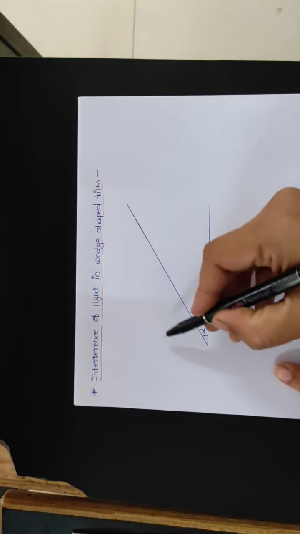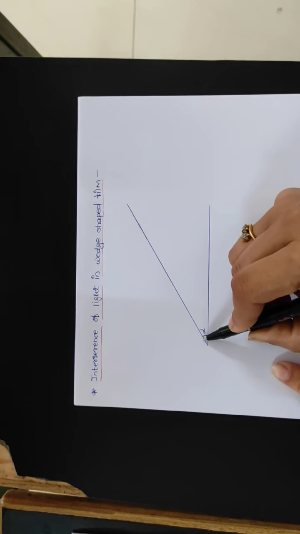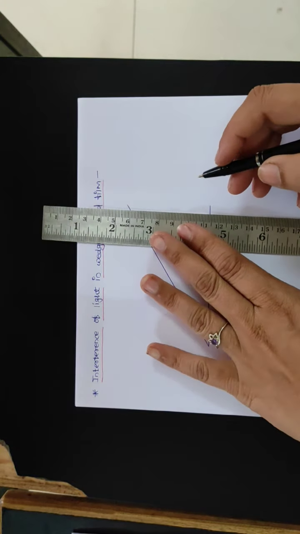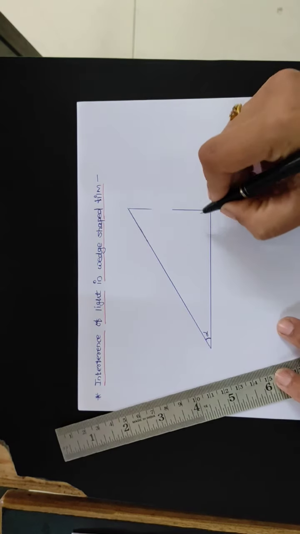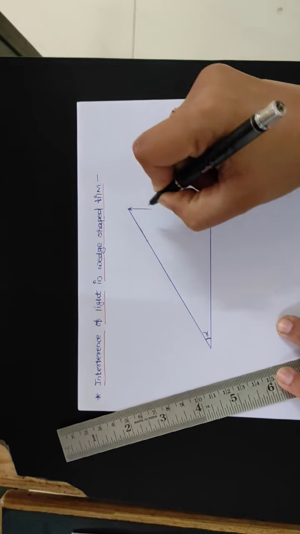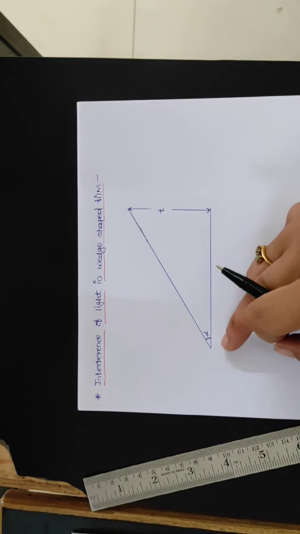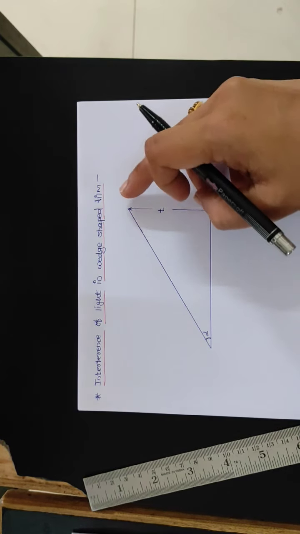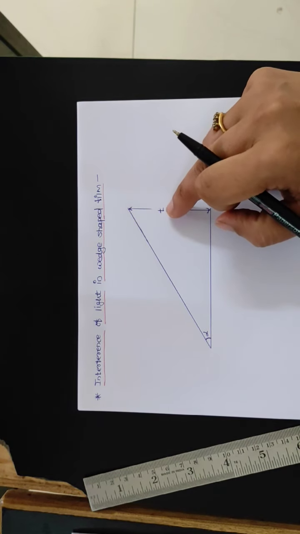If we see this figure, then it is observed that with the angle, the thickness of the film increases, and up to this point the thickness we consider as t.